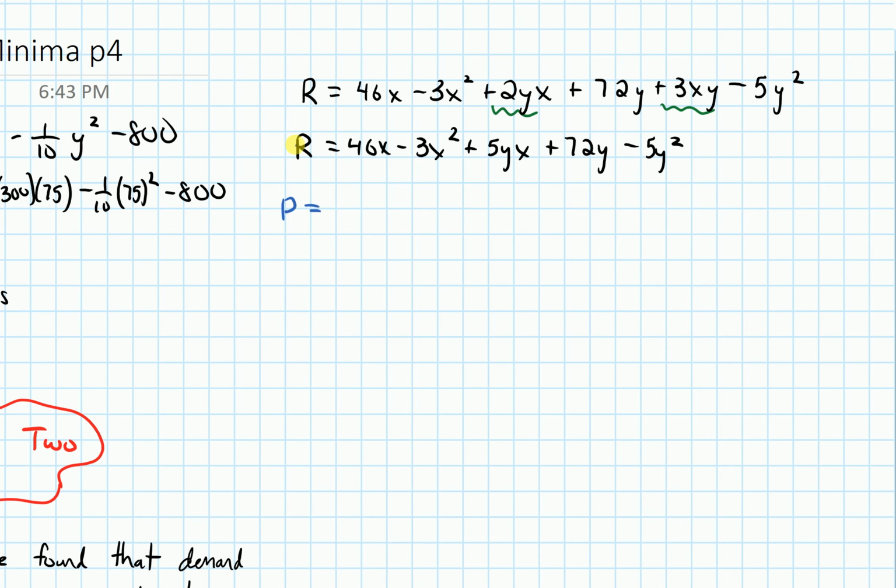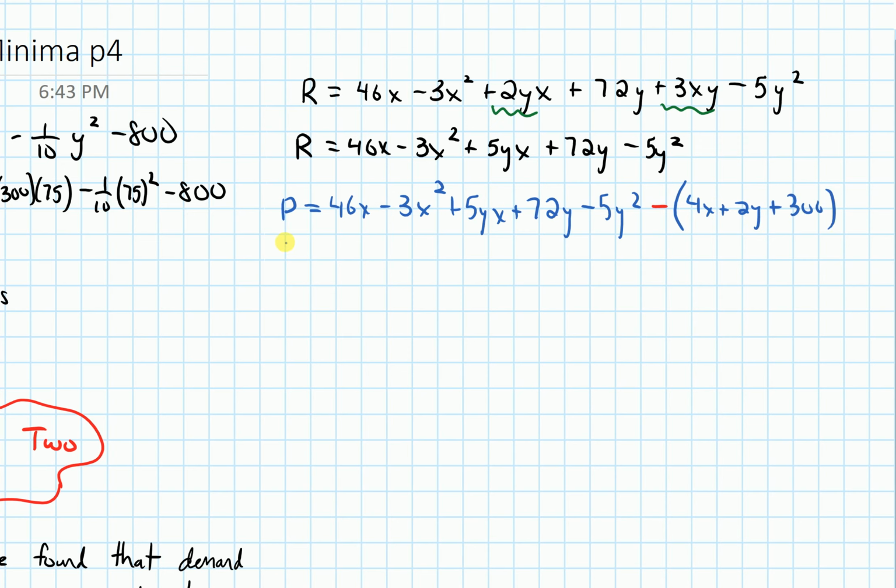So now we could write our profit. Profit is revenue minus cost. So revenue is 46x minus 3x squared plus 5yx plus 72y minus 5y squared minus our cost. I got to put that into parentheses, so I remember to distribute my negative sign. Our cost was 4x plus 2y plus 300.